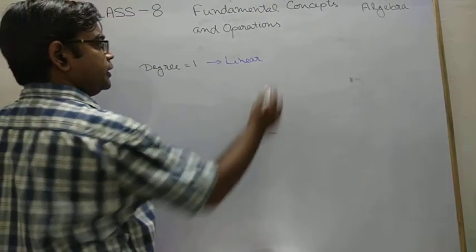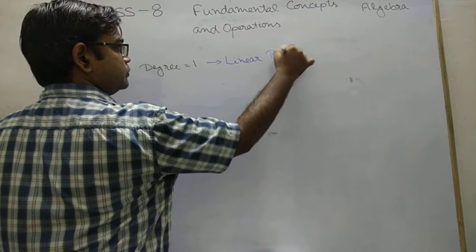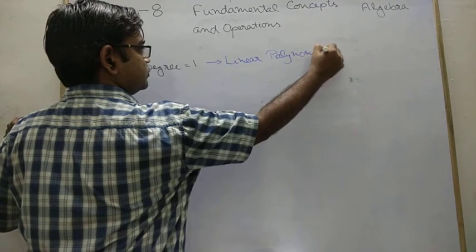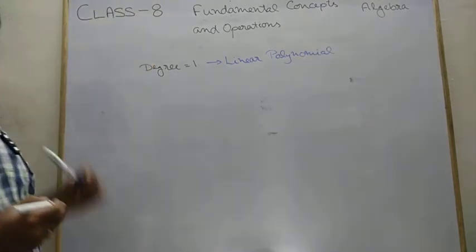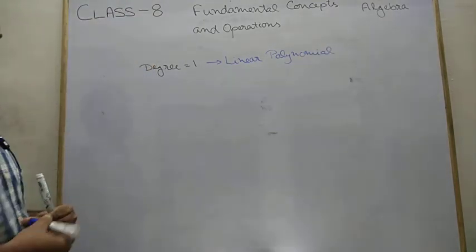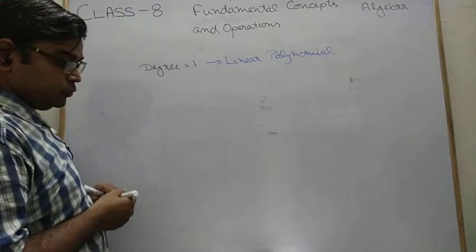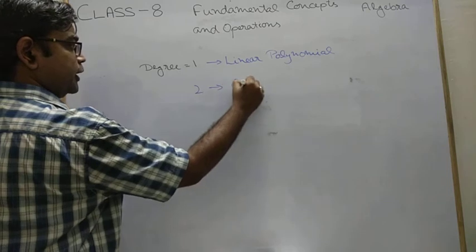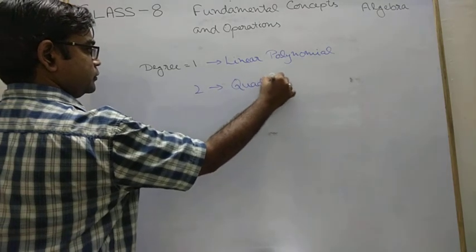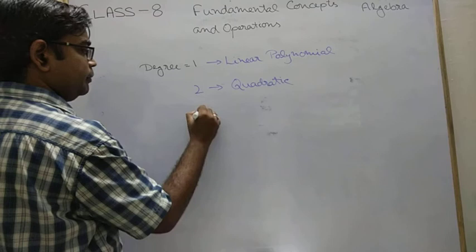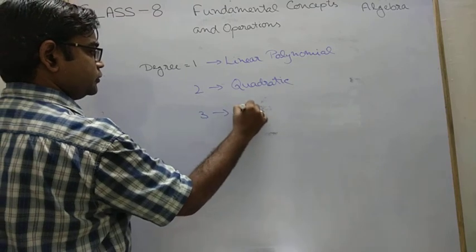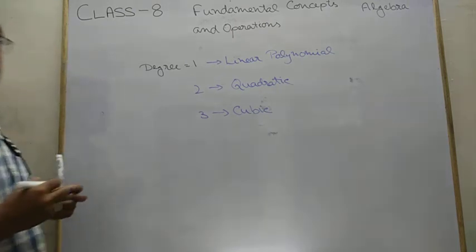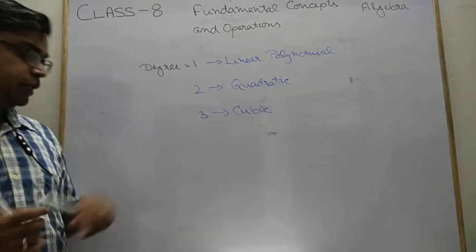Then if we have degree 2, it's a quadratic. If we have 3, it's a cubic. Like this. So this is the concept based on degrees.